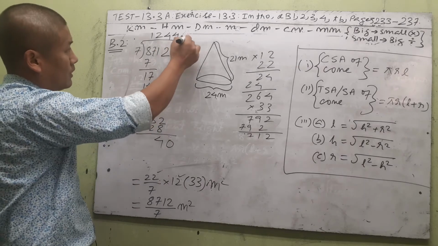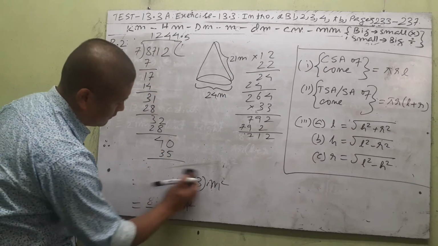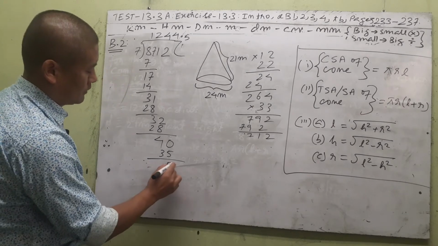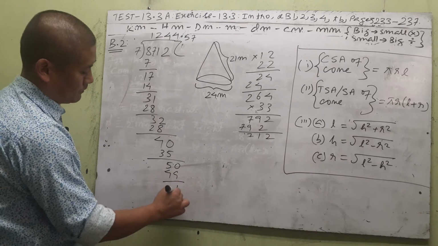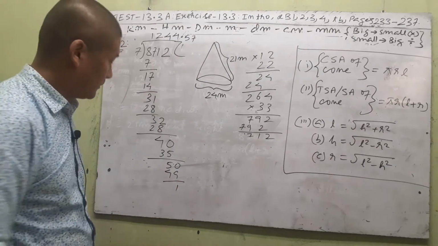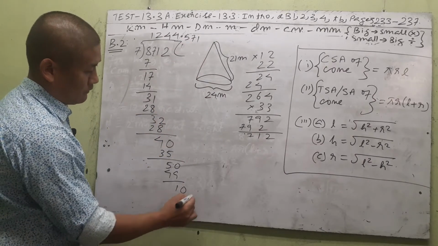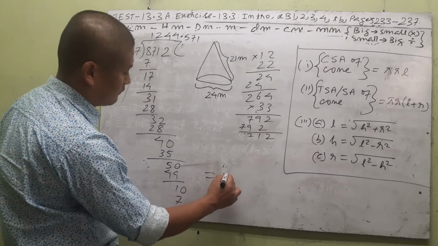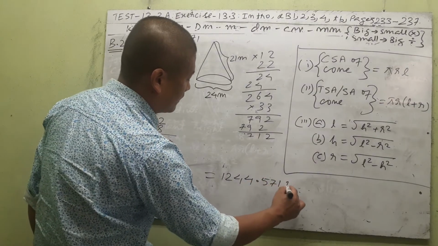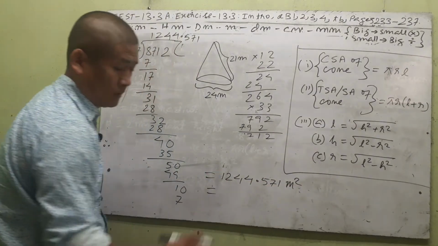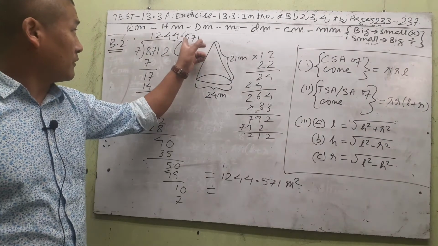Go to third place. 7 5s are 35. Then 5 remainder, 0. 7s are 49. 1 remainder, right? Point means we can put 0, and then 7 1s are 7. So go up to third place. 1244.571 meter square, because the textbook is giving up to the second place, so we need to go to third place of decimal first, second, third.